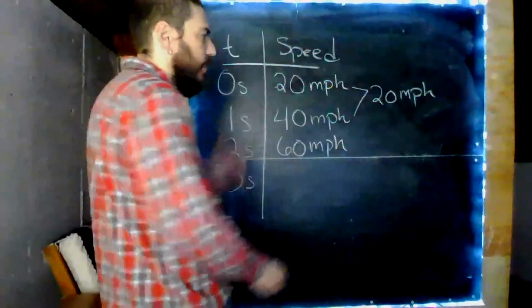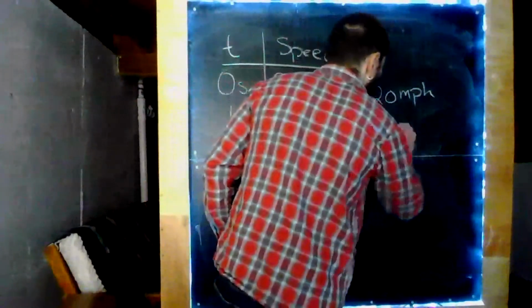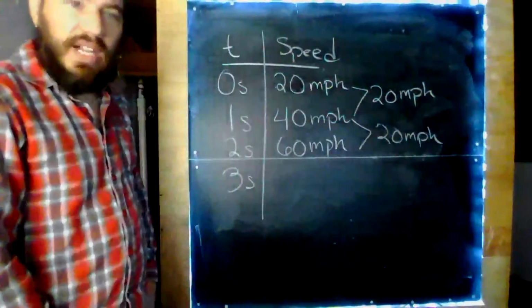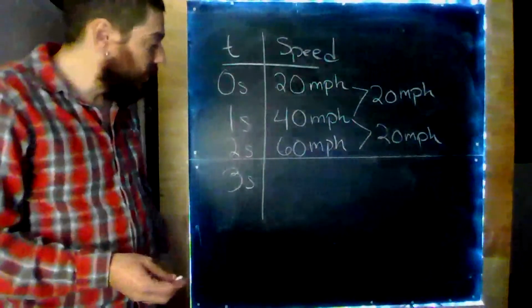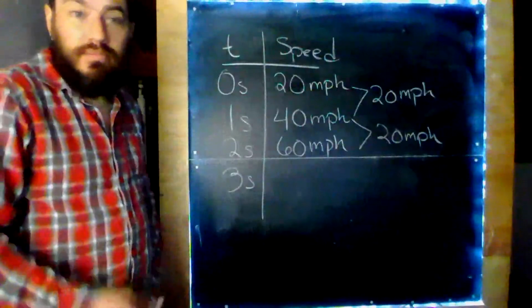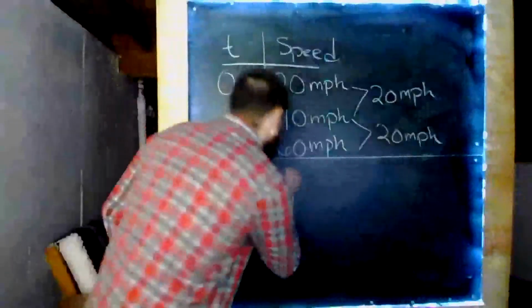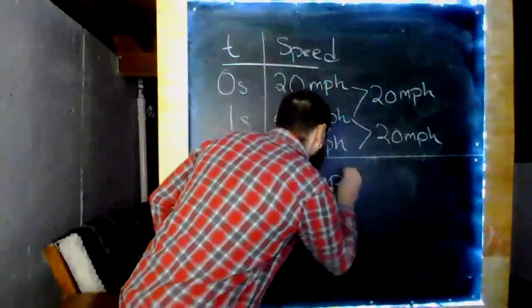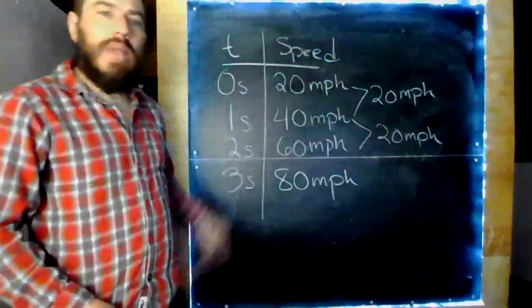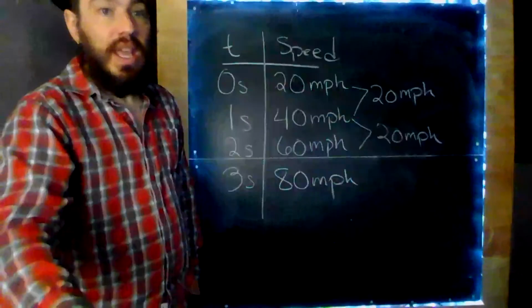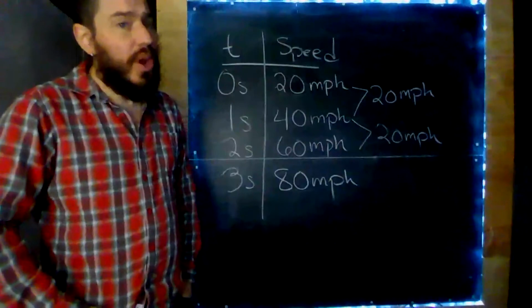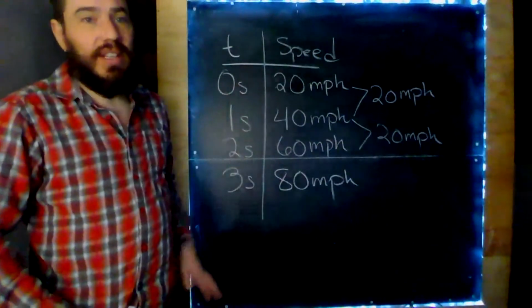Every second, I add 20 miles per hour. The acceleration is 20 miles per hour per second. What goes here? Hopefully you said 80. Of course, that's assuming we maintain a constant acceleration. If you've ever driven a real car, then you know that you could not maintain this indefinitely.